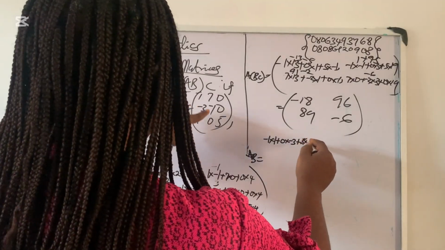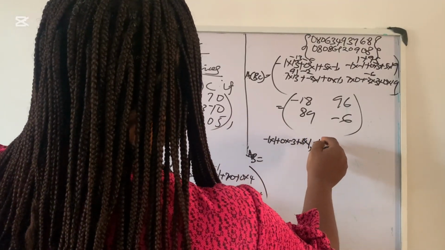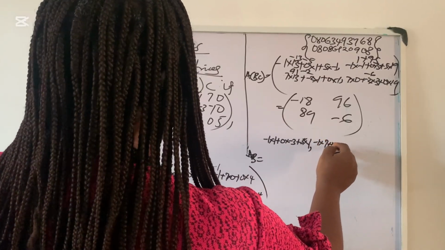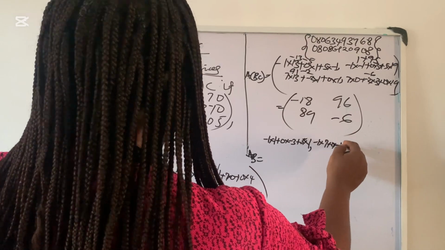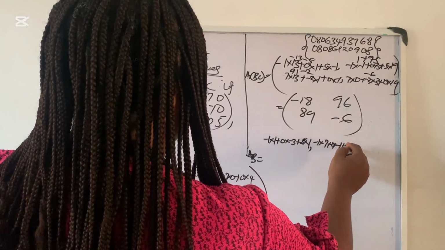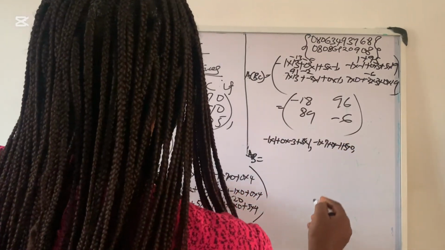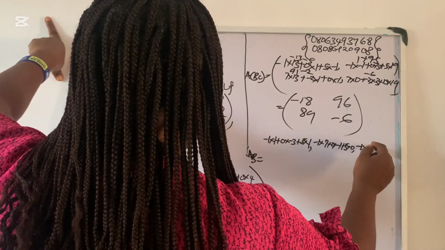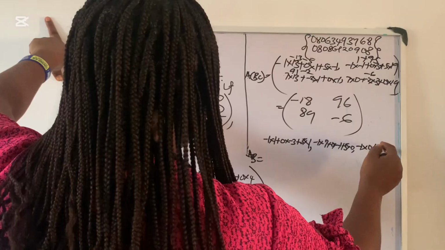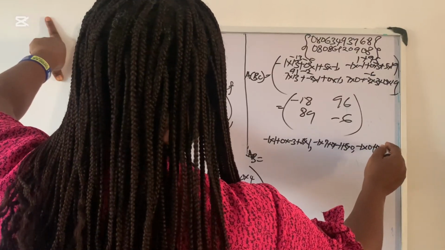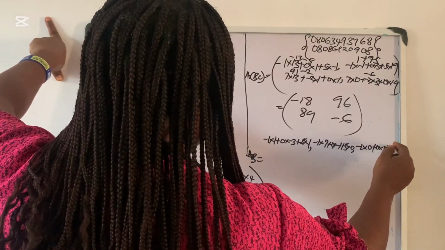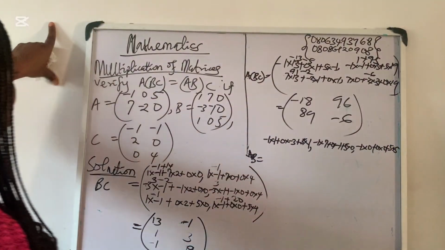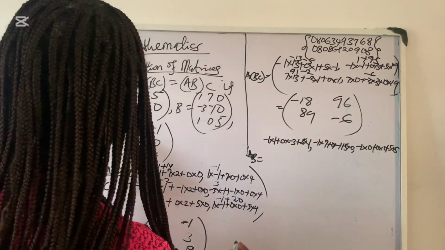The next column, minus 1 times 7 plus 0 times minus 1 plus 5 times 0. The next one, minus 1 times 0 plus 0 times 0 plus 5 times 5. We are done with that. We'll pick up the next row.